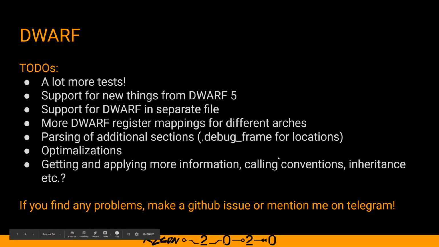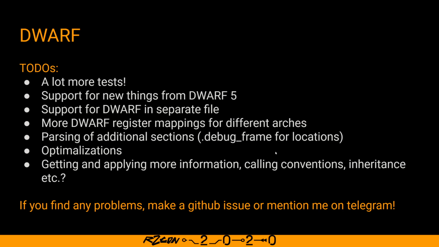There are a lot of things that can be done. A lot more testing. I'm sure the implementation has many bugs because it's a little complex. We also need to support new things from DWARF 5 because it introduced a lot of new things that we cannot use.